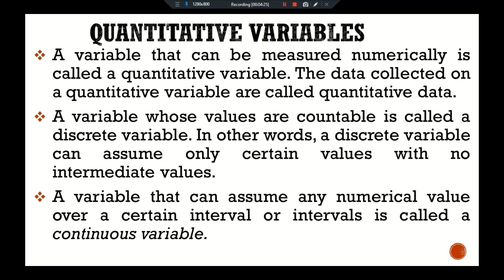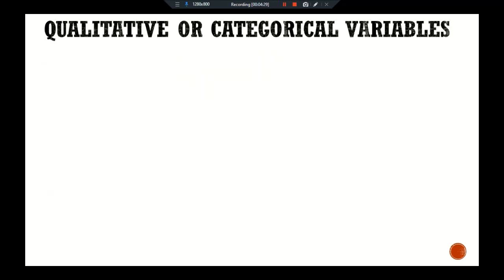So let me give you the other definitions of variable, quantitative and qualitative. A variable that can be measured in the form of numbers is called a quantitative variable. But a variable that cannot be measured numerically, but can be divided into different categories, is a qualitative or categorical variable.